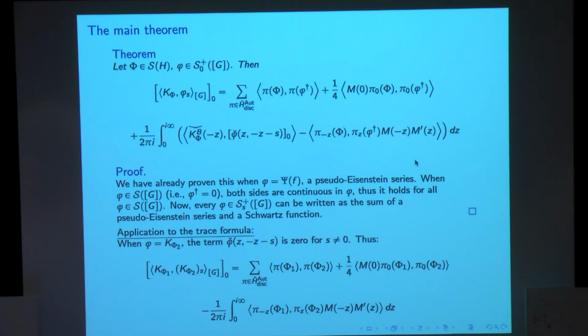So with our kernel function, its Mellin transform for s not equal to 0 is 0, although it has a pole at s equals 0. So this coefficient will vanish for our kernel function, and you are left with this expression, which is the spectral side of the trace formula.